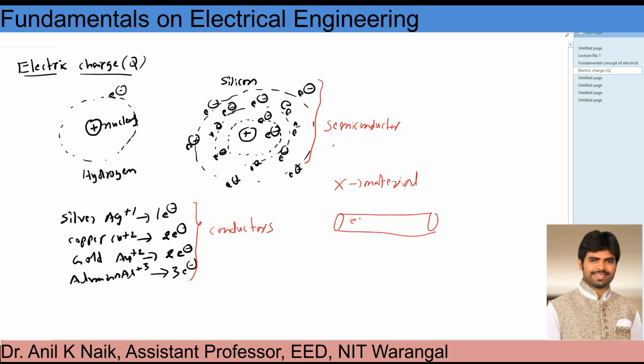Some free electrons are available on this particular material or substance, and if I remove this electron from this substance, then it forms a blank spot here, and that blank spot is called a hole, and this is also called a positive charge.